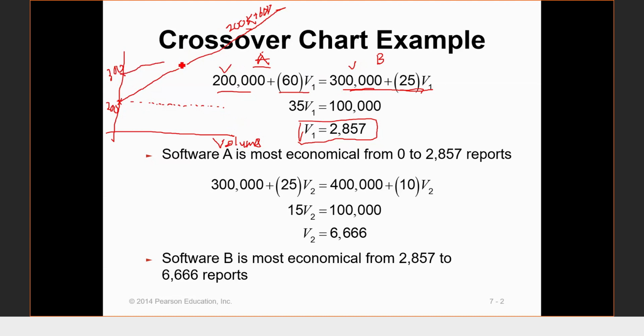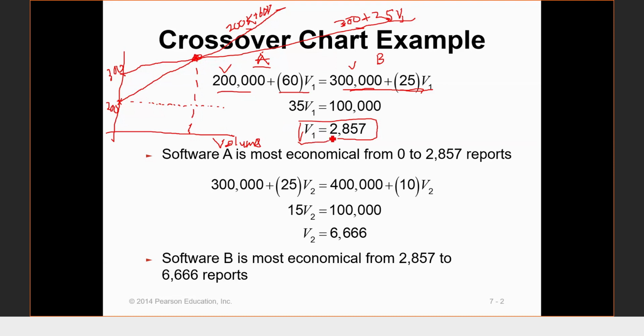So you're going to have a line like this. So this line representing 300, because it's higher than 200, plus 25V. So this is the point that we want to find.